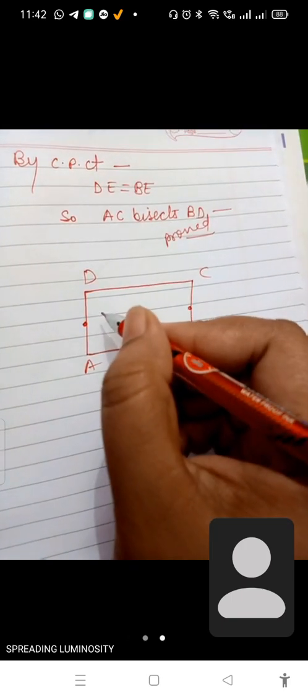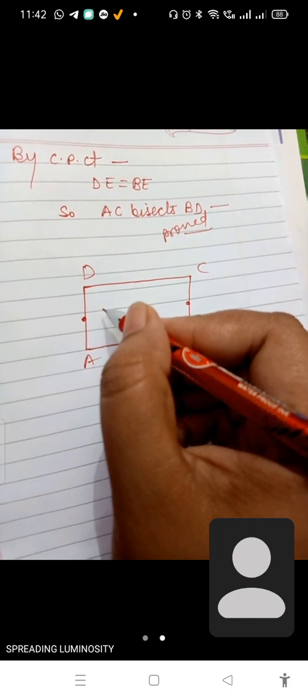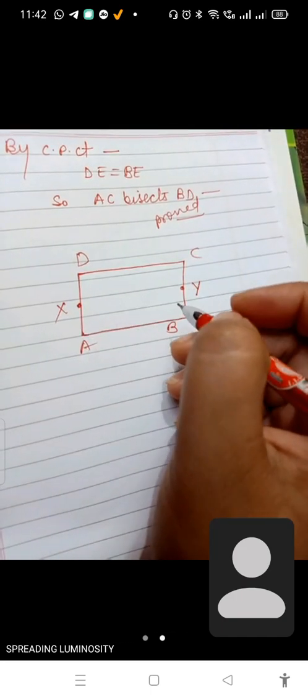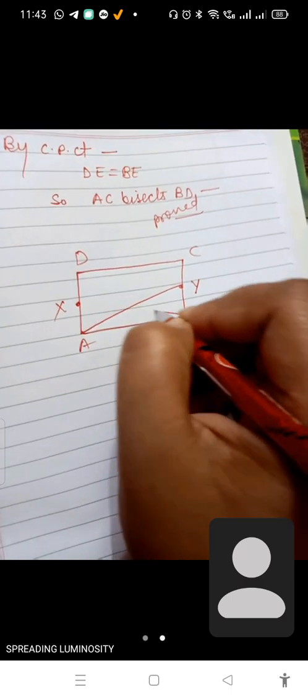It is given that X is on AD, Y is on BC, and AY is equal to BX. This type of figure will be made.